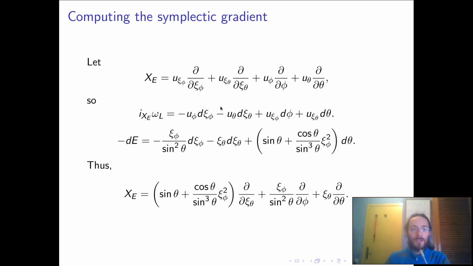So after plugging that in, I get this one form. Now I compute the other side of the equation, the minus differential of my energy, and I get this expression. This is the heavy computation part of the exercise. But after computing that, you can just start pairing things and you get the expression of your symplectic gradient.